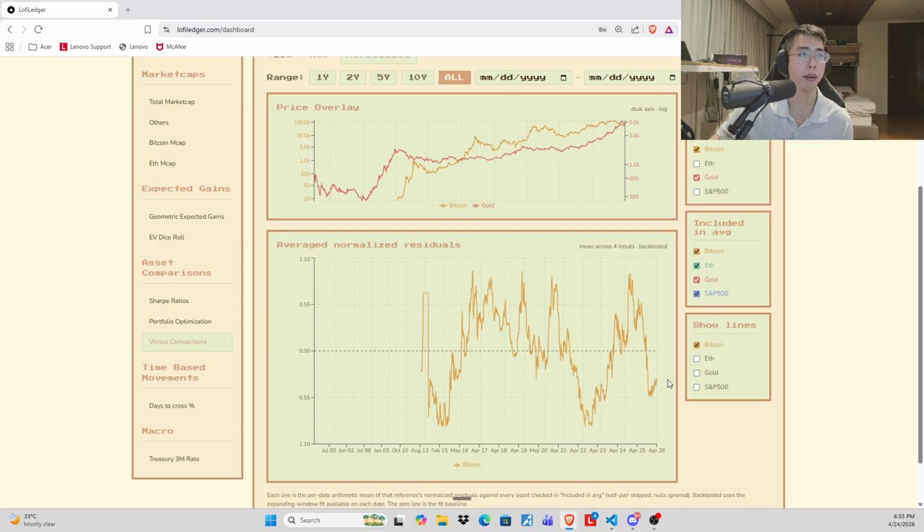But from these graphs, this kind of doesn't look like the bottom right now. But relatively, it is undervalued compared to other assets. So in the long run, this is probably going to go up. But if you look at other indicators, this might still go all the way back down to the bottom band, right? So that's how I approach looking at these different asset comparisons.